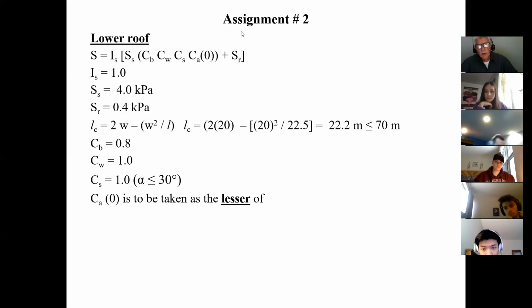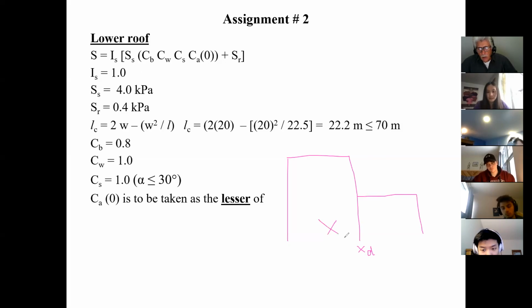In other words, what they're telling you is, this is my upper roof, this is my lower roof, and they call this XD, okay? So here they're saying, what is the CAO when X is equal to 0? In other words, this is where X is equal to 0. And therefore, what is going to be the CA value where X is equal to 0? And that's how they put it in formula form.